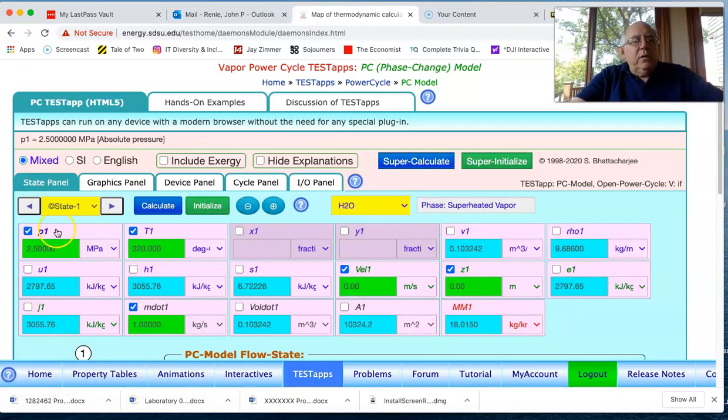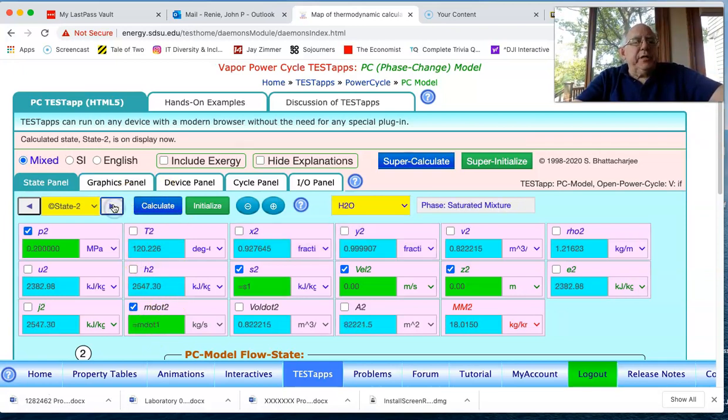At state 1, we have the pressure and the temperature coming into the turbine with a mass flow rate equal to 1. State 2 is the isentropic expansion, at the same entropy, to 0.2 megapascals with the full m dot, and so that's the first stage of the turbine.